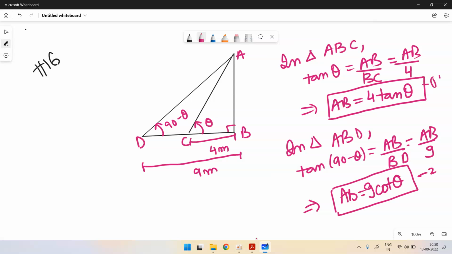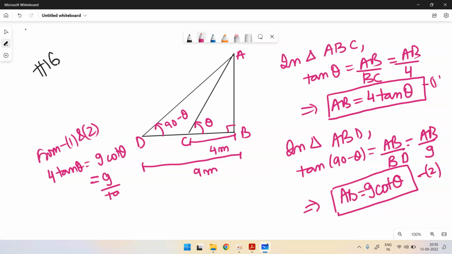So from 1 and 2, since AB is equal to AB, 4 tan theta equals 9 cot theta. Now you know that cot theta is 1 by tan theta, so this becomes 9 by tan theta, which implies that tan square theta equals 9 by 4.